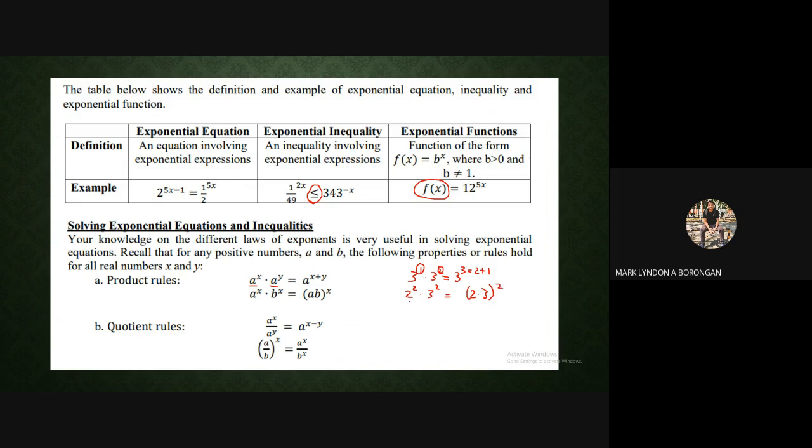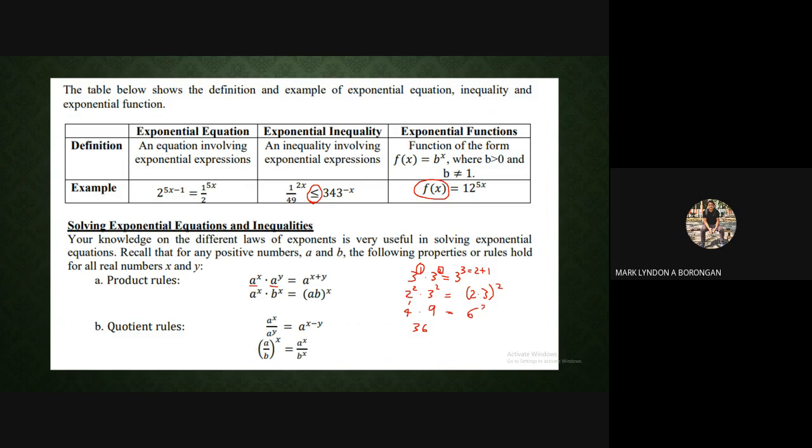Okay? So, let's try to solve, if sakto ba jud? So, diari, ang 2 squared is just 4, while ang 3 squared is just 9. Di ba? And 4 times 9, 36. Ang diari, you'll have 2 times 3, that is just 6.